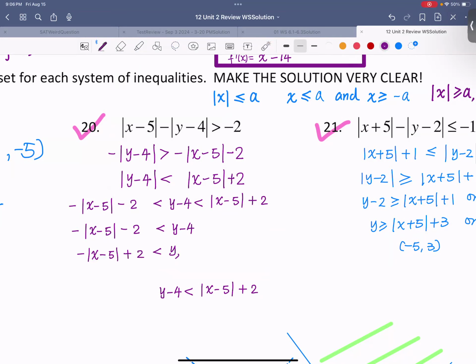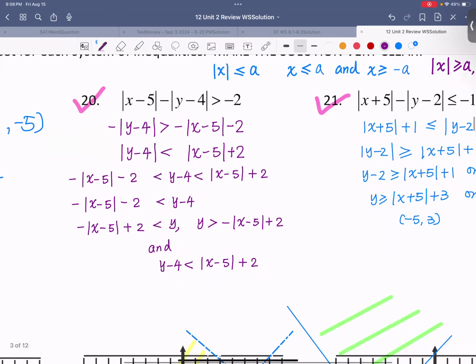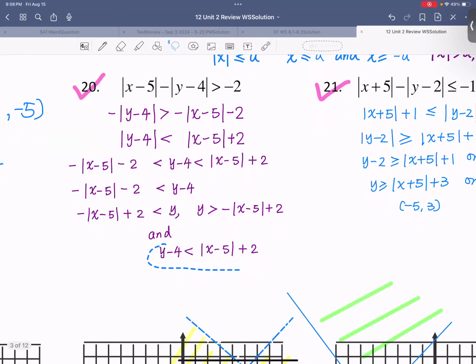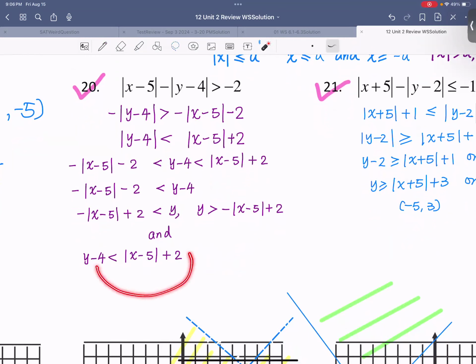So which means y is greater than, we want to put y on the left. We copy this, and this, right? So go ahead, plus 4. Correct?